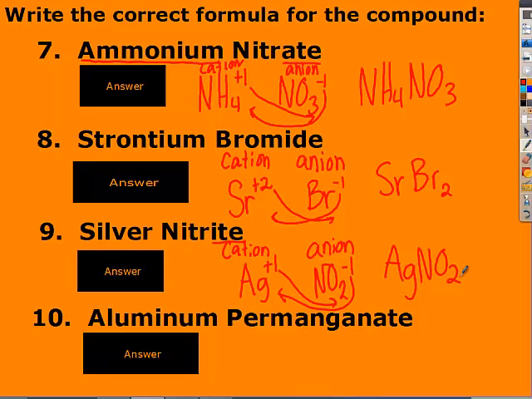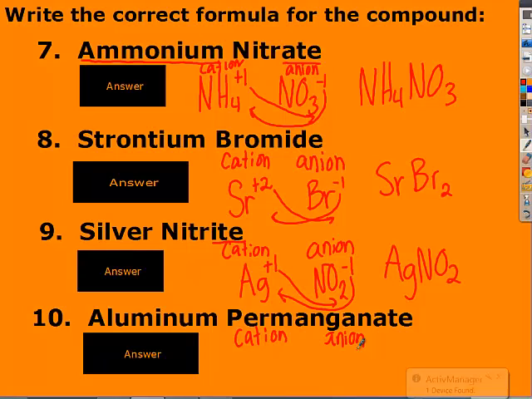Last one on this examples. Aluminum permanganate. That's another cation, anion. My cation is going to be aluminum. Let's go to the front of the periodic table. Aluminum. Number 3. Oh. Give me a second. Whoops. That was embarrassing. Aluminum. It's my first one.